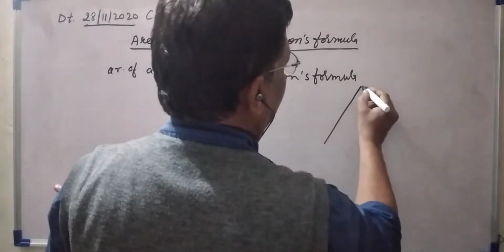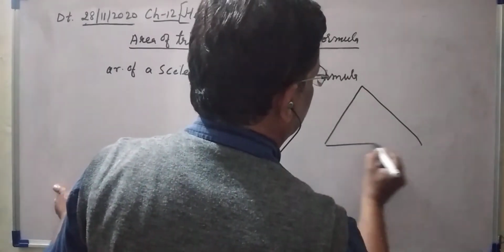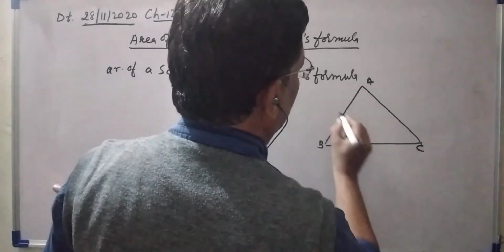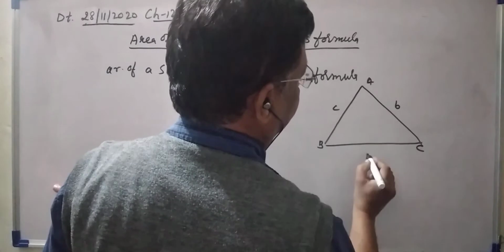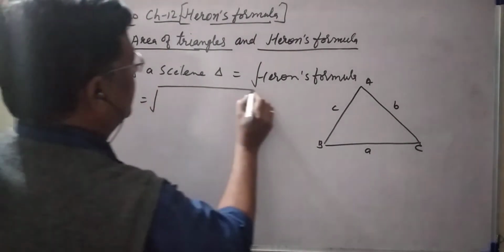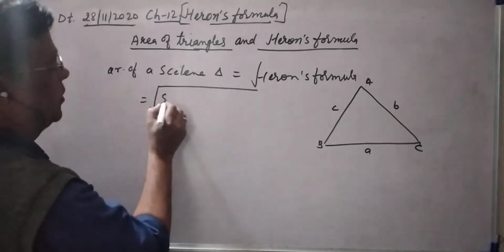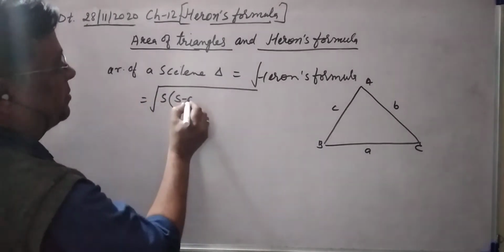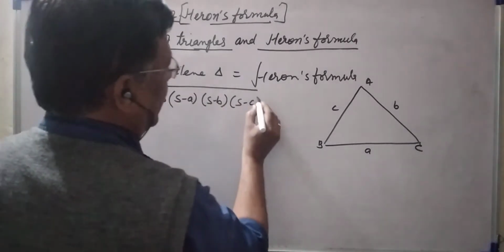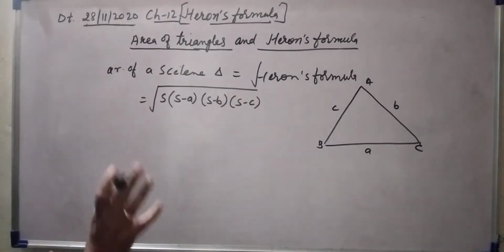Suppose you have a triangle in which all sides are different. Then the area by using this formula, which is called Heron's formula, is root of S into S minus A, S minus B and S minus C. Our topic is based on this formula.